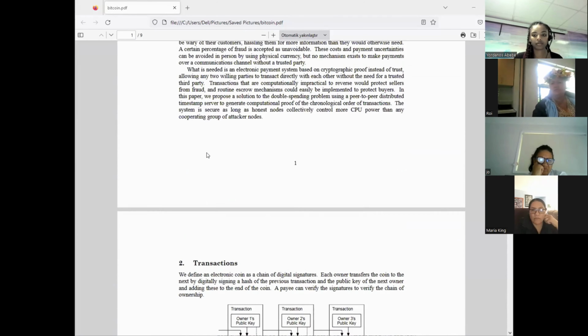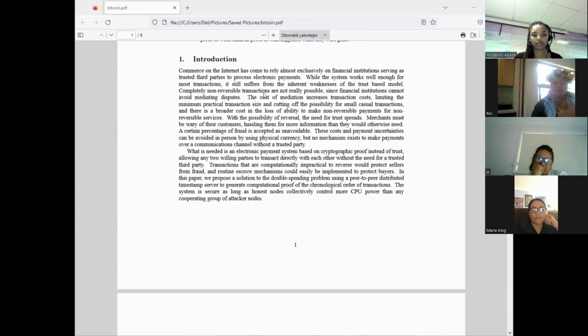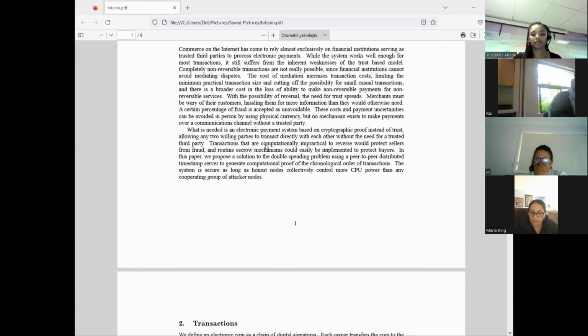So you can see the first thing is an introduction about the coin, what it's all about, the financial structure. They explain everything about cryptographic proof instead of trust, which means instead of a bank, allowing any two willing parties to transact directly with each other. So it gives you the idea of how Bitcoin will function and what their plan is.